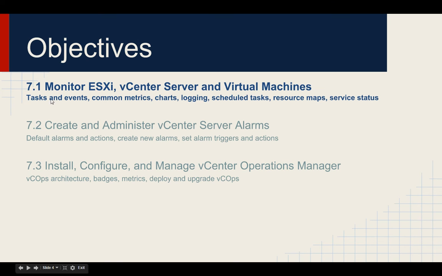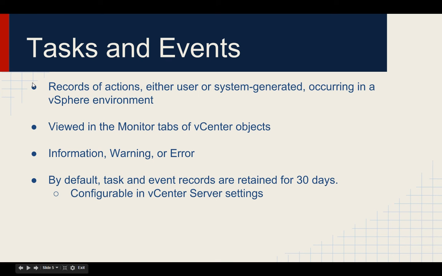So to get right into section 7.1 here, this section has most of the meat of the blueprint. It's definitely the longest section, so I hope to try and get through the slides pretty quickly so we can dive into the lab. So the first objective is around tasks and events.